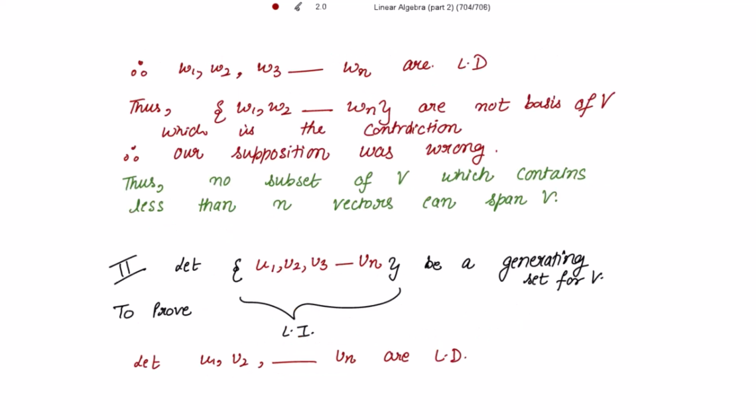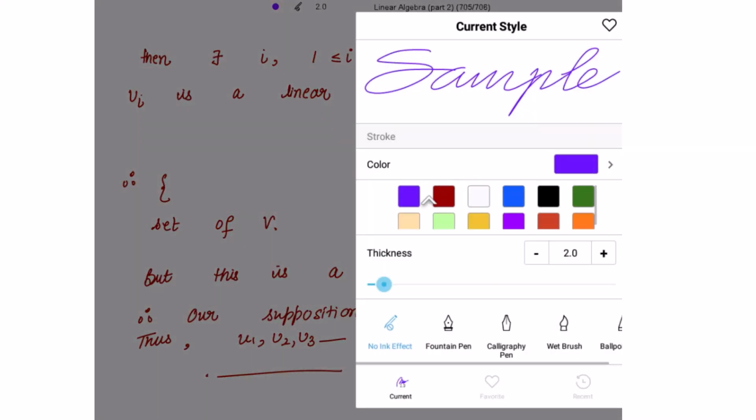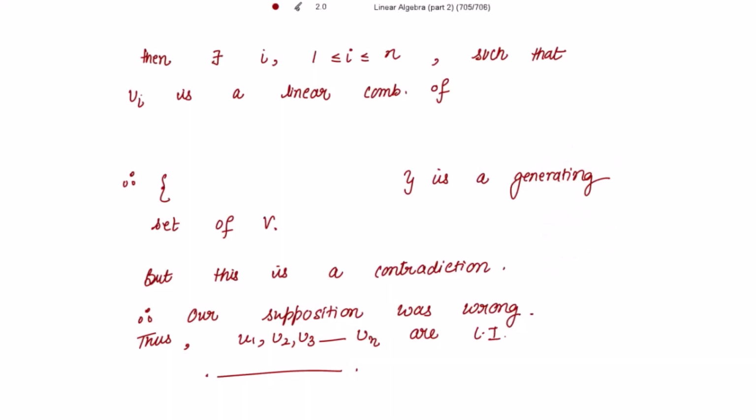Since u1, u2 up to un are linearly dependent, there must exist one specific ui which is a linear combination of the remaining vectors: u1, u2 up to ui minus 1, ui plus 1 up to un.